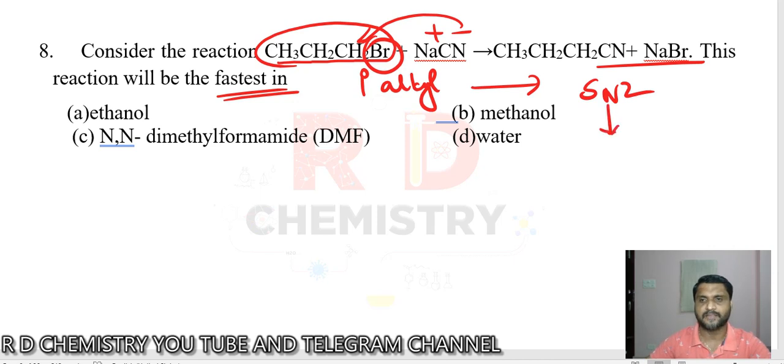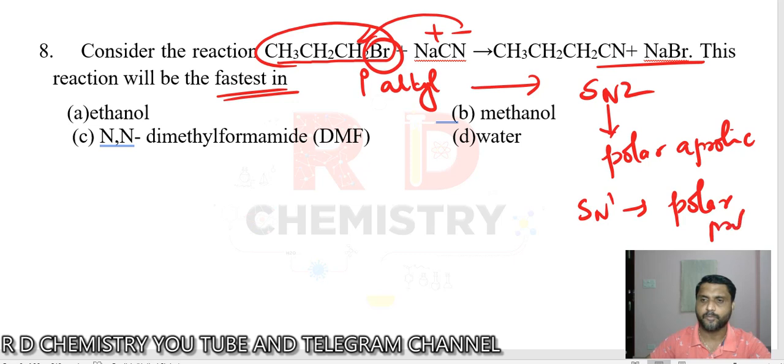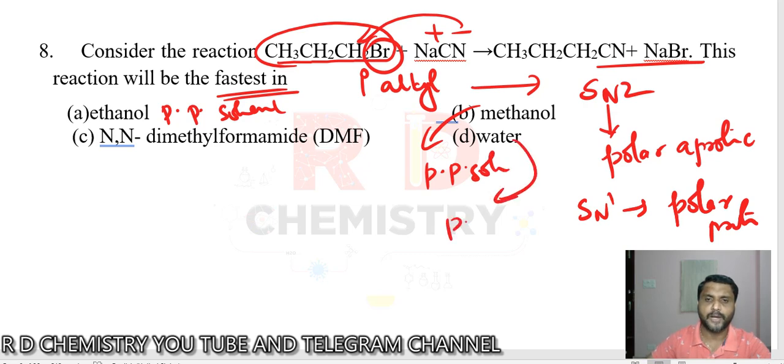SN2 mechanisms are favored by polar aprotic solvents, and SN1 mechanisms are favored by polar protic solvents. Ethanol, polar protic solvent. Methyl alcohol, polar protic solvent. Water, polar protic solvent.